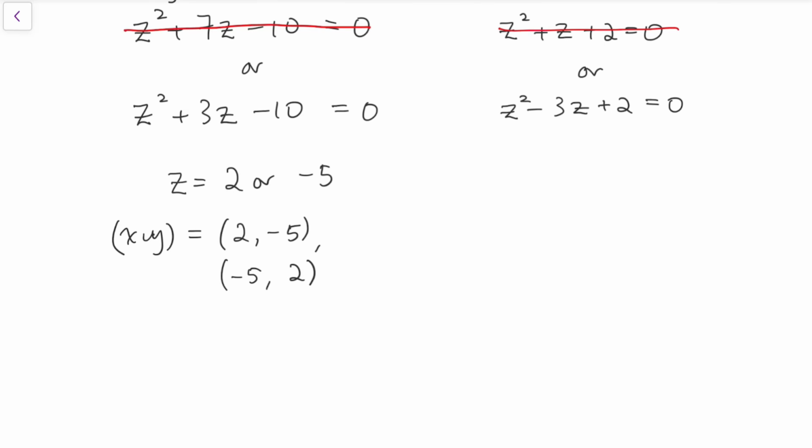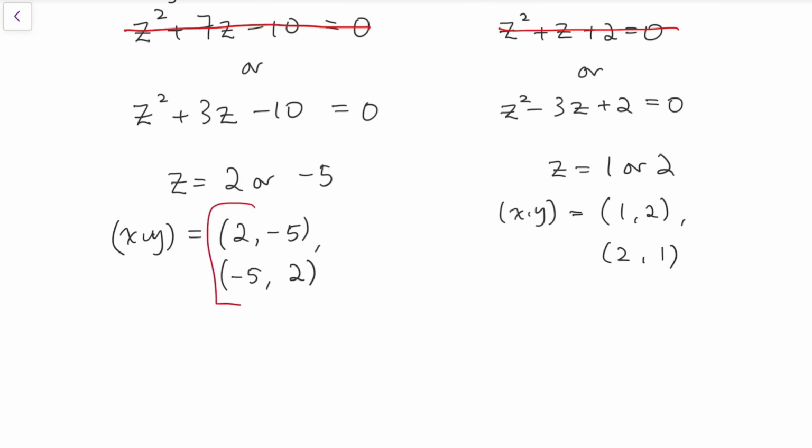That's the first equation. From the second equation, we have z equals 1 or 2, and that means x and y are either 1, 2 or 2, 1. So these four pairs are all valid solutions, and this is the final answer.